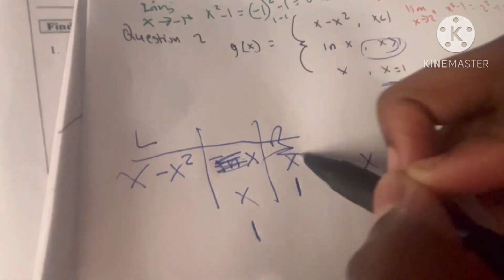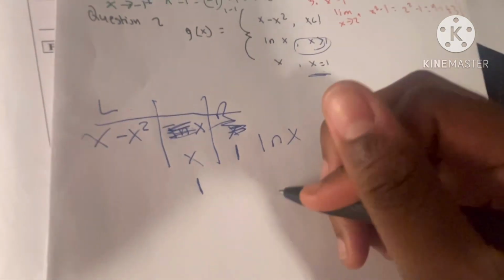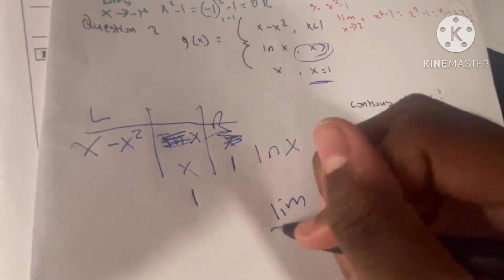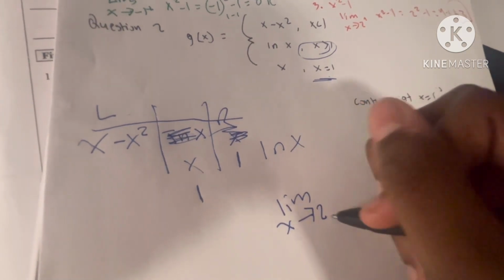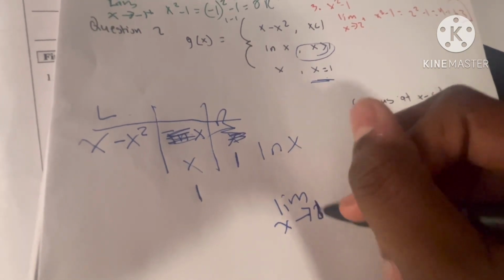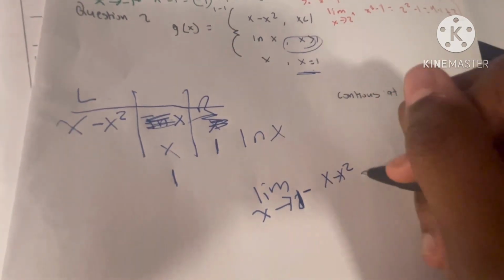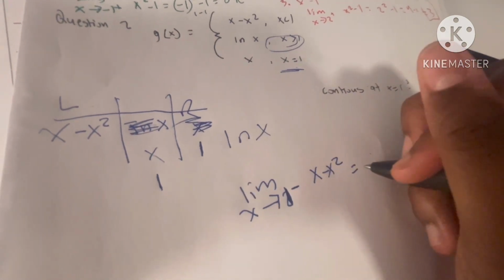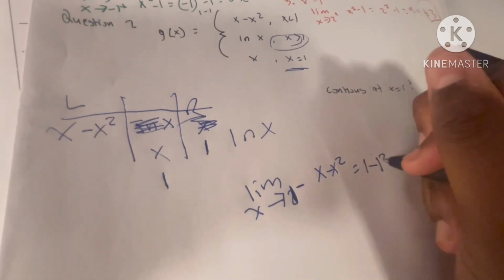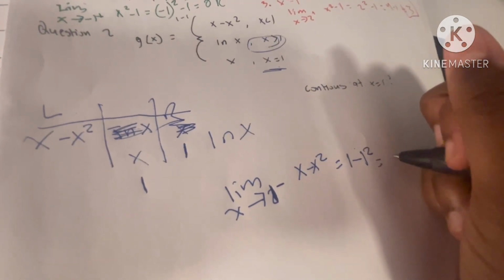My bad. But getting into the problem, as the limit approaches 1 from the left side, it will be x minus x squared, and you just plug in 1 for the x, so it'll be 1 minus 1 squared, and that would just be 0.